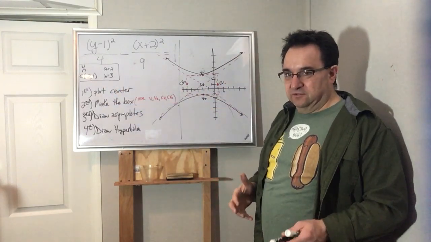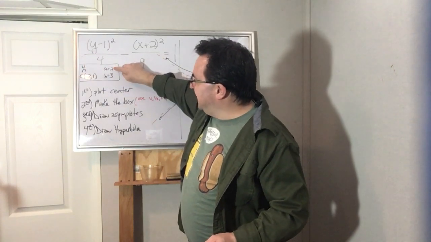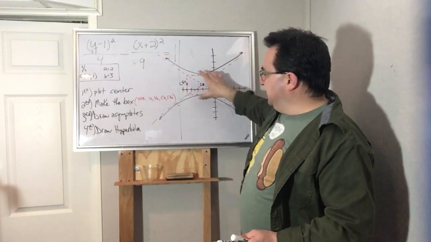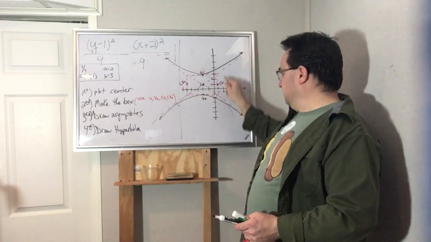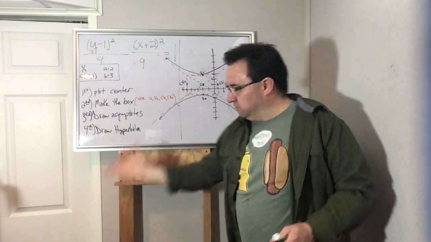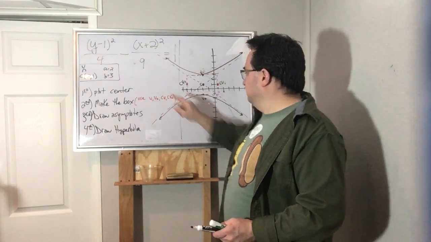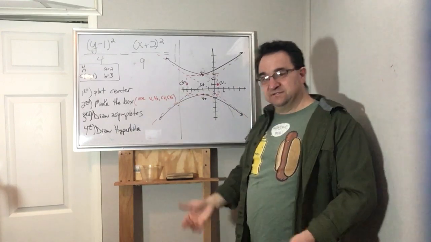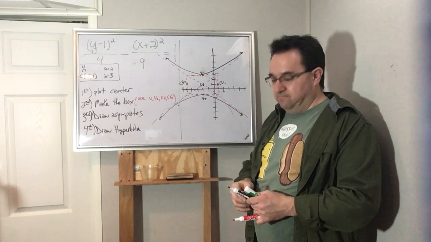The box is the weird thing, so you've got to know how this opens. That's the A number. So I'm going to go up and down 2, left and right 3, and create the box. Draw dashed lines through the corners like that, and that's what allows you to create your hyperbola. It's a lot of steps, but that's the only way to get it with a somewhat accurate shape.